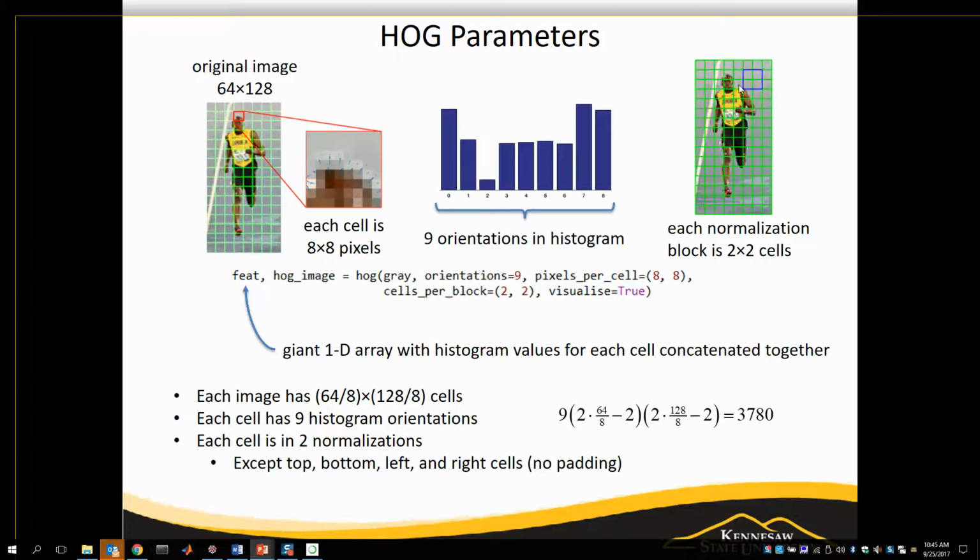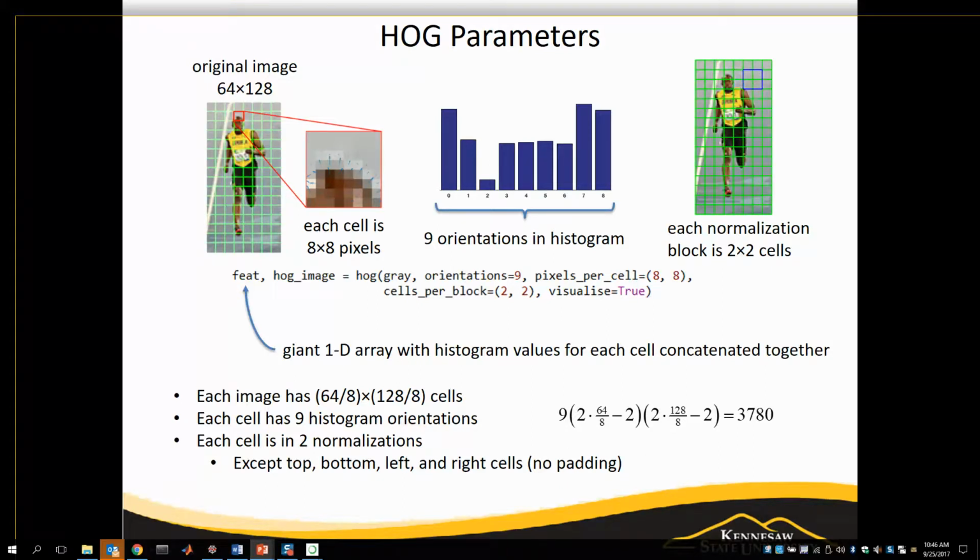You see, as this thing shifts across, this guy right there is in both of those 2. So every cell is in 2 normalizations, so it has 2 normalized histogram values, except for all the cells around the edge, they're only in 1. Okay? So that's where the -2 thing here comes in. So that's how you calculate how many features you're going to get out of this.